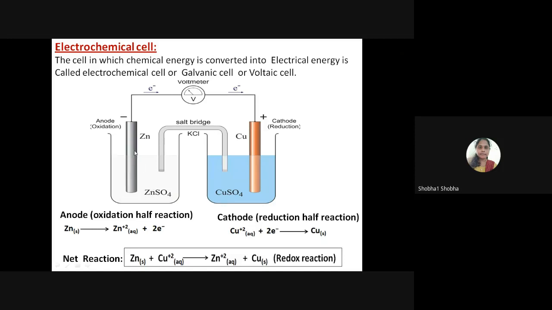The two electrons released at this electrode pass through the metallic wire and are given to the copper rod, that is the cathode. When the cathode takes these two electrons, the Cu2+ ions present in the solution come near this electrode, take those two electrons, are converted into copper atoms, and are deposited on the rod as pure copper.